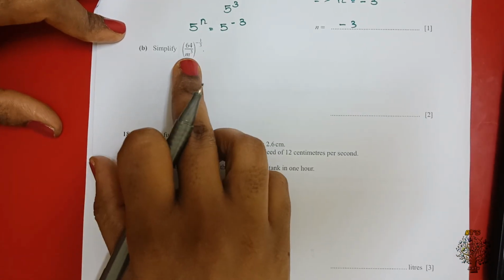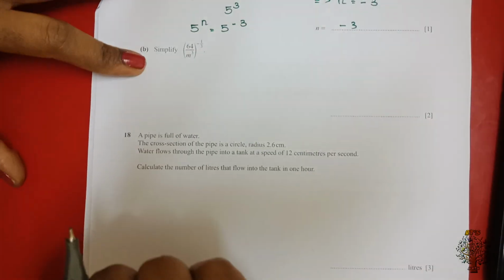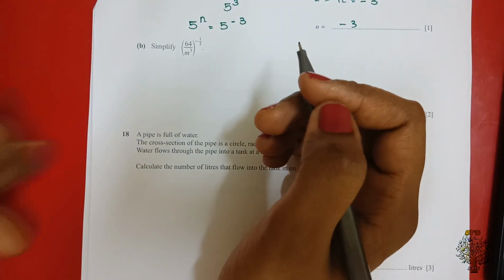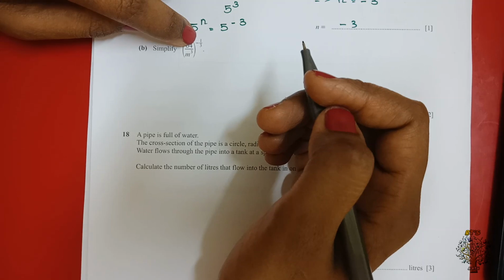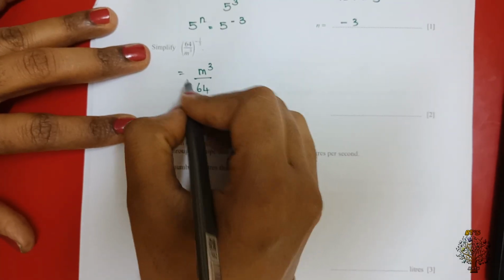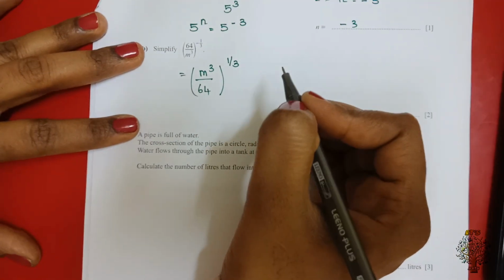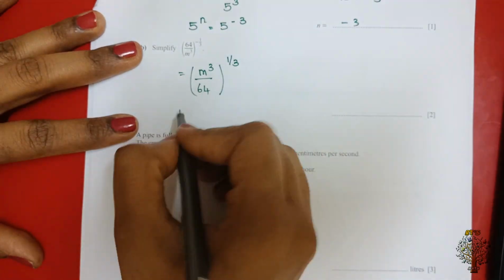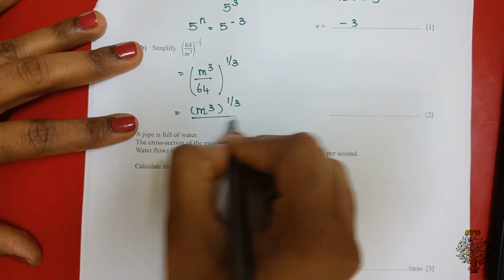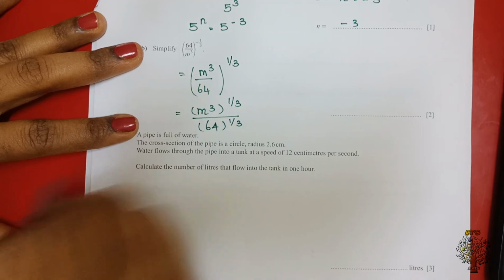Now simplify: 64 divided by m cube, the whole to the power negative 1 by 3. Very simple. If you take the reciprocal of this, the power sign will become positive. Step 1 is m cube divided by 64, the reciprocal of the fraction. So the power will become positive. Now you're taking the power inside. When you take the power inside, we have m to the power 3, the whole power 1 by 3, divided by 64 to the power 1 by 3.